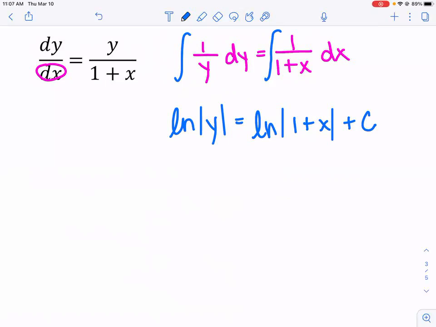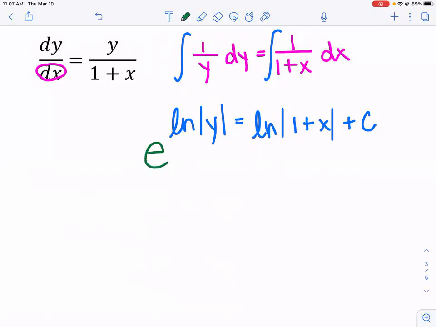Ooh, man, now we have to solve for y. How do we undo a natural log? I wouldn't say multiply it by e, but e can be the base for both sides. So, hey, what did I say about this example?